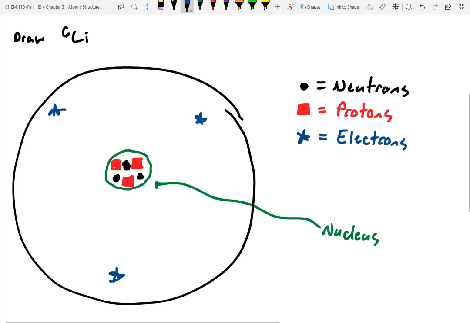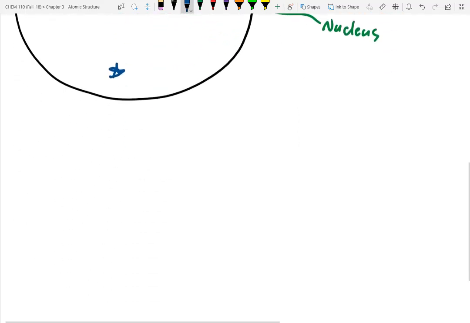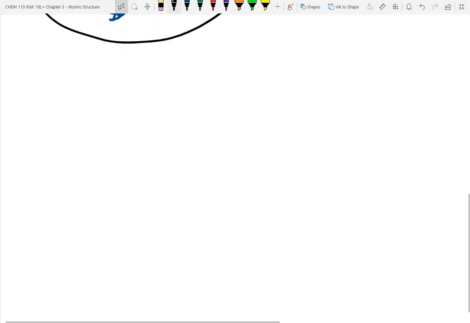Let's try a little bit harder one. Let's do lithium 7, 1 plus. Same idea though, how many protons will this one have? Still going to have 3. By definition, lithium will always have 3.